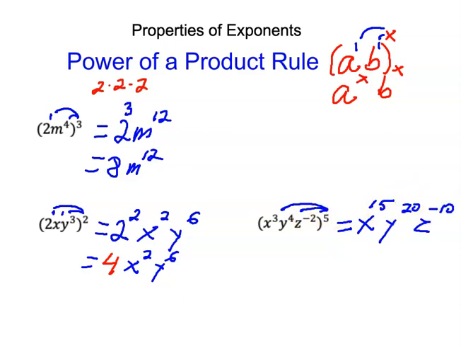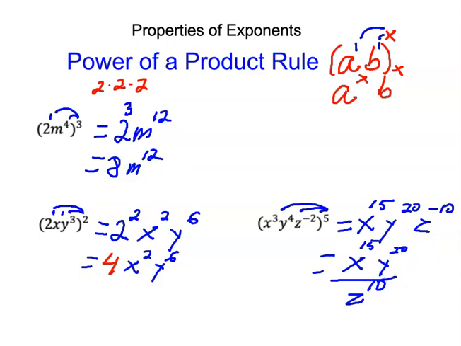And as you know, we can have a negative exponent. So I'm gonna rewrite this as x to the 15th power, y to the 20th power, and then we're gonna move z to the denominator and make the exponent positive.